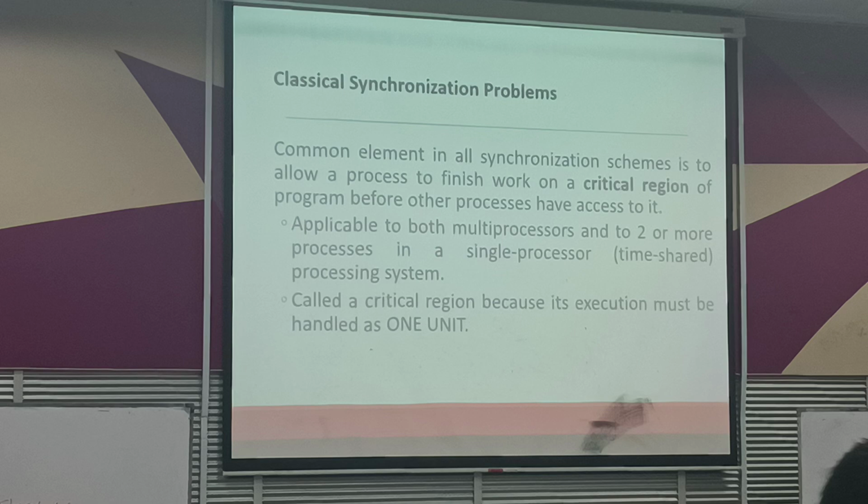So this code here we call the critical region. The critical region is a piece of code that you want to protect, so that only one process runs at a single time. You've got multiple threads coming in and they could run in parallel, but you don't want that, you want only one at a time. That means you allow one to enter, and once it finishes, you allow the second to enter.